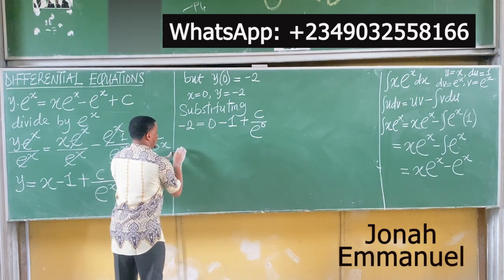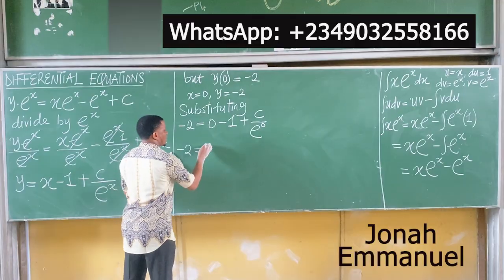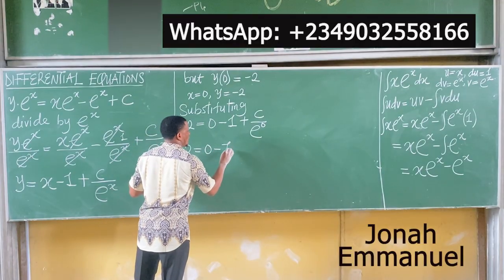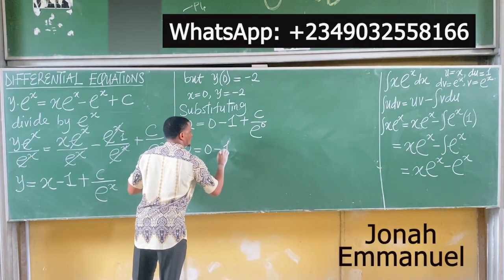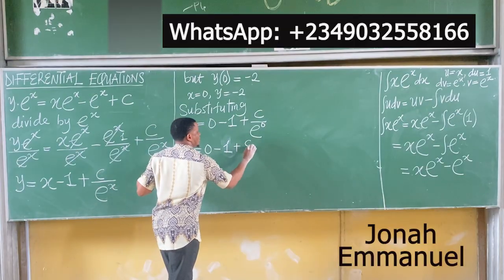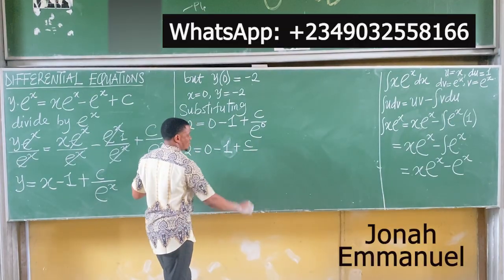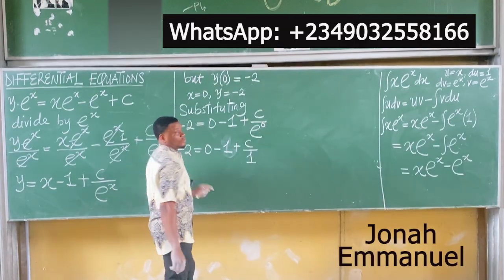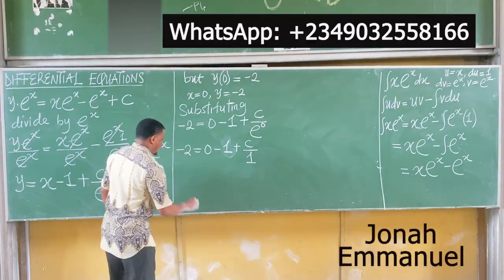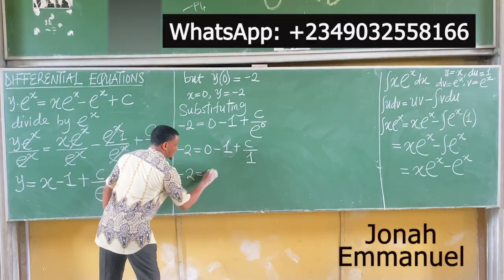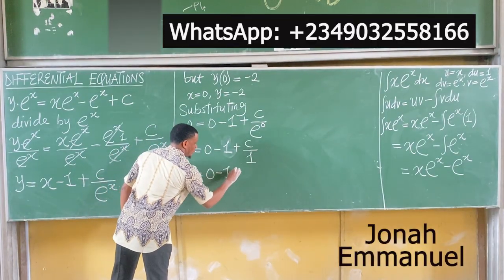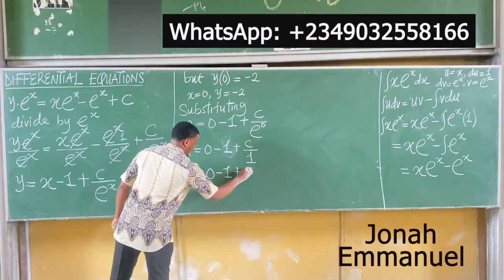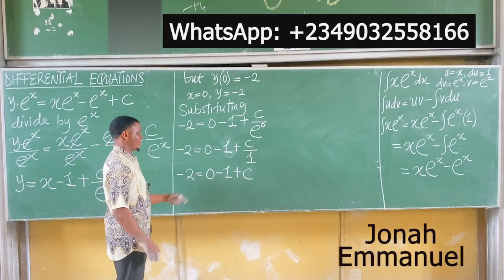What do you have here? Minus 2 is equal to 0 minus 1 plus c. Please punch exponential 0. What do you get there? You get 1. Punch it. So I have minus 2 equal to 0 minus 1 plus c over 1, which gives you c. Why am I still writing 0 here now? Come on.